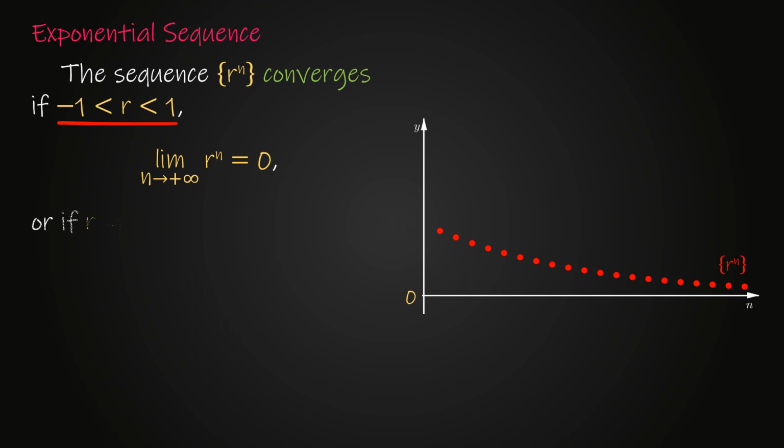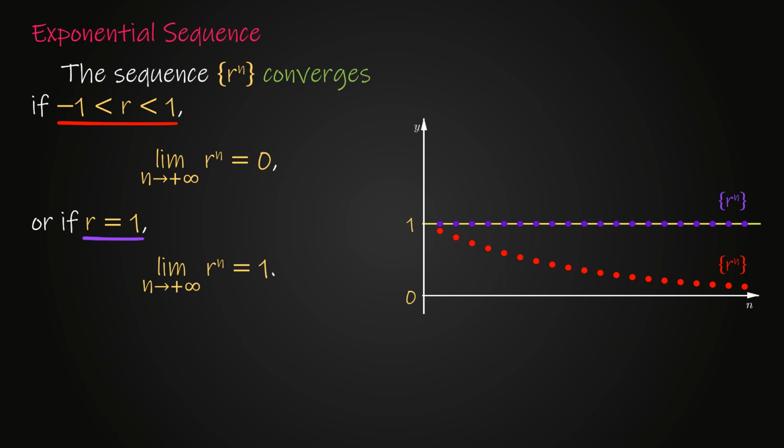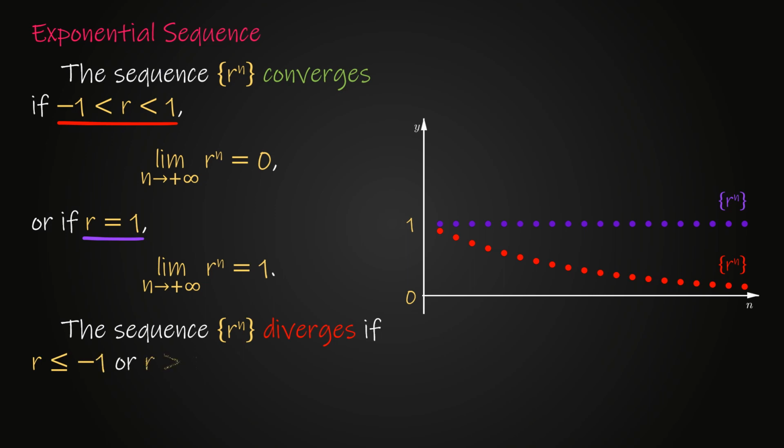Or if r is equal to 1, the sequence converges to 1. Meanwhile, the sequence consisting of r raised to n diverges for other values of r. The limit of the sequence does not exist.